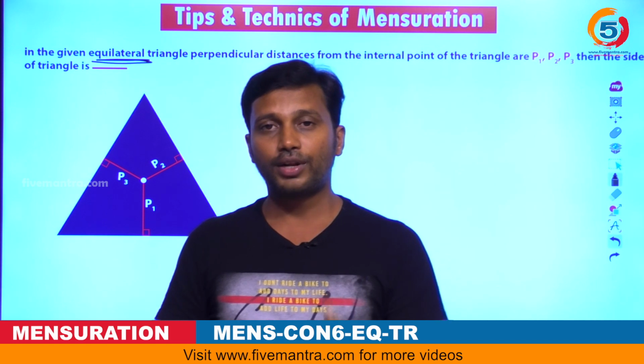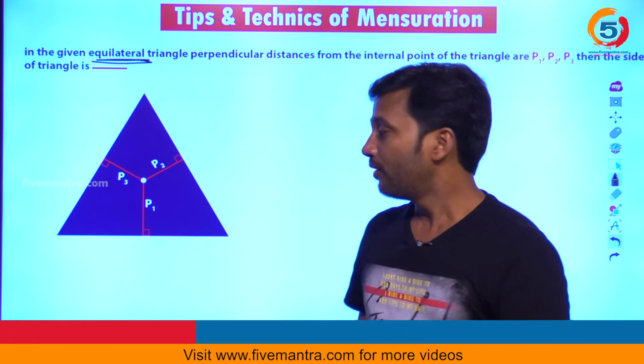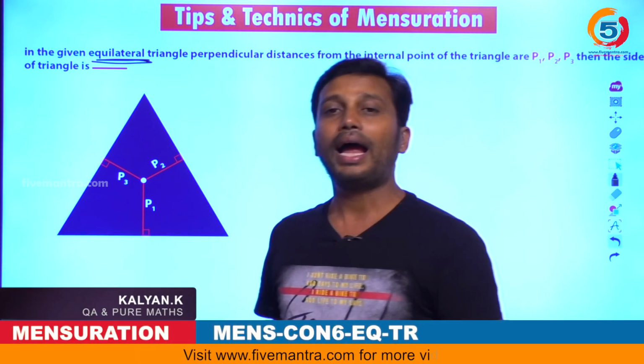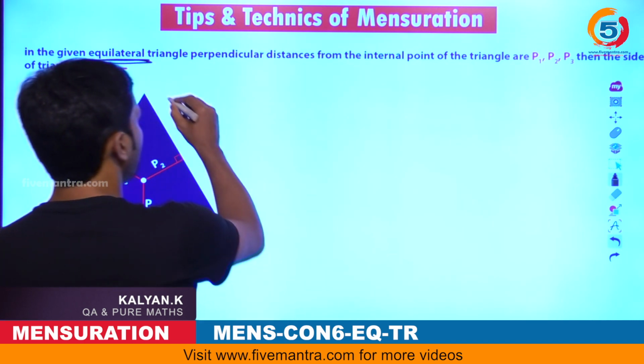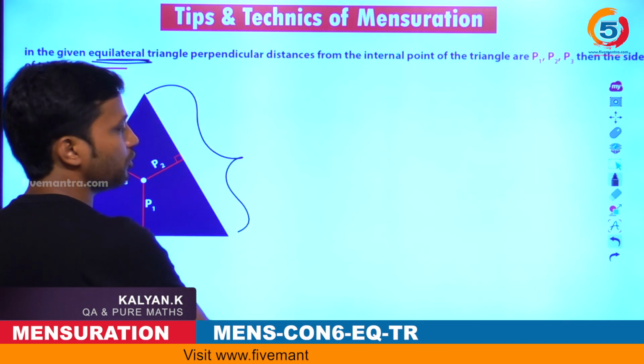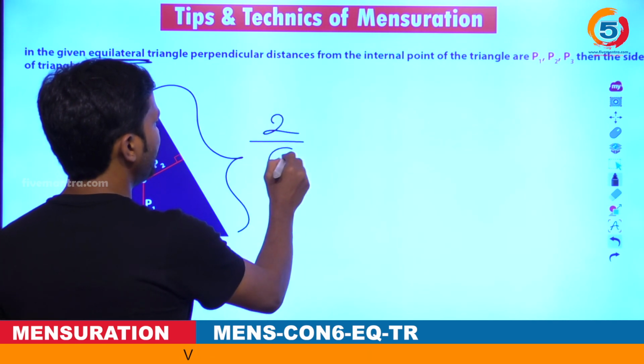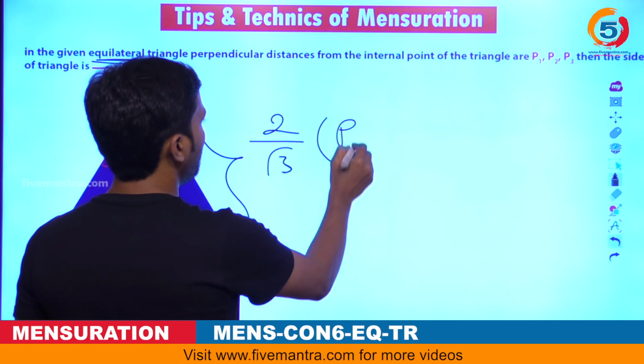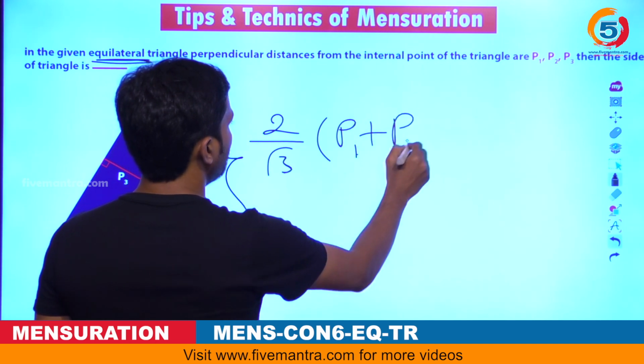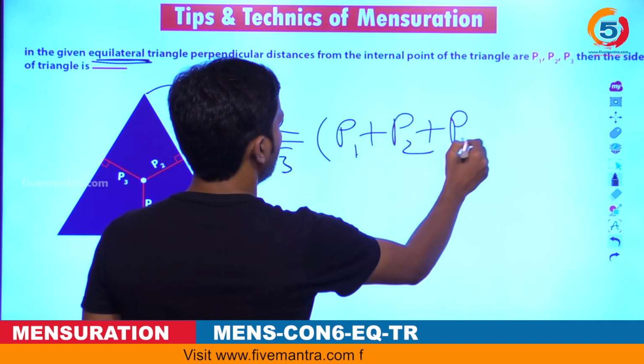Got it or not? For an equilateral triangle, we can find out the side also, and the value of that side would be, now I am going to finally use the result, 2 by root 3 times of P1 plus P2 plus P3.